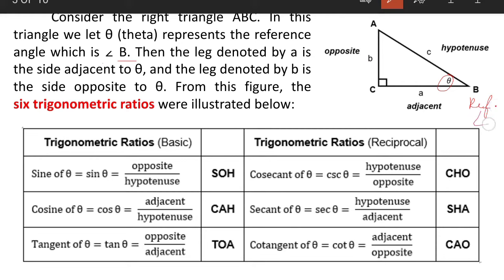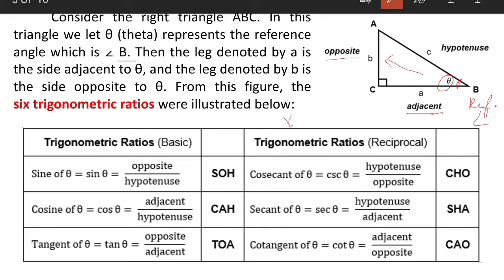Then the leg denoted by A is the side adjacent to theta. So if this is your reference angle, the adjacent is A and the opposite is B. Okay? And then, from this figure, the 6 trigonometric ratios were illustrated below.